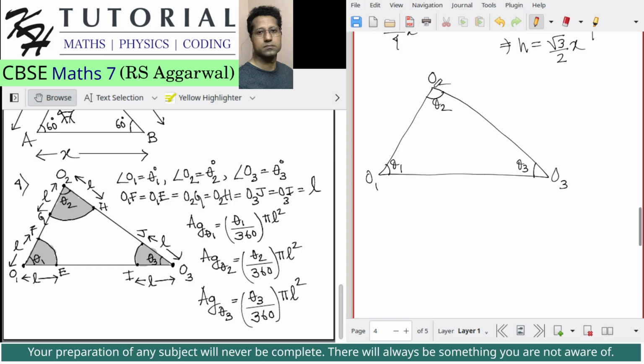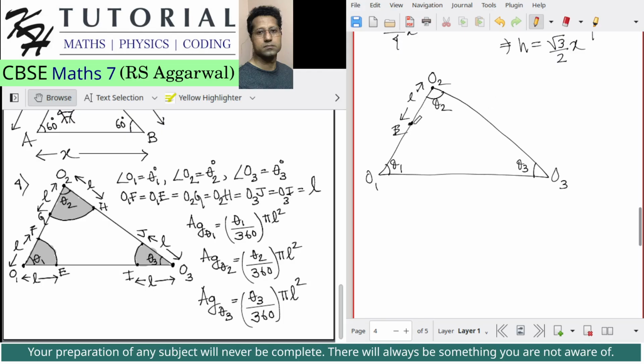Now let's say the animal is tied at the vertex O2, and as usual, the length of the rope is small l. So this is L, E. The animal is at the point E. Then what will be the maximum area over which the animal can graze?